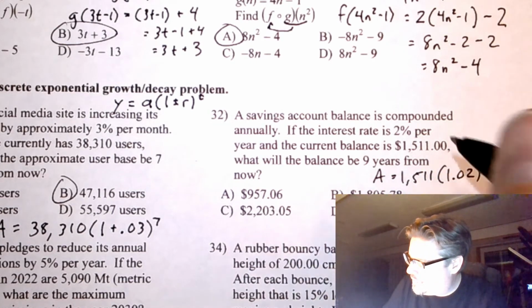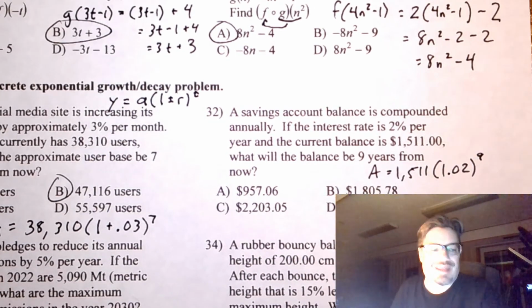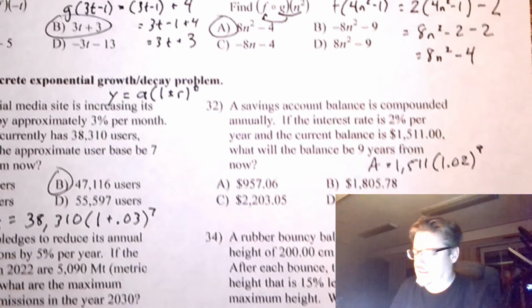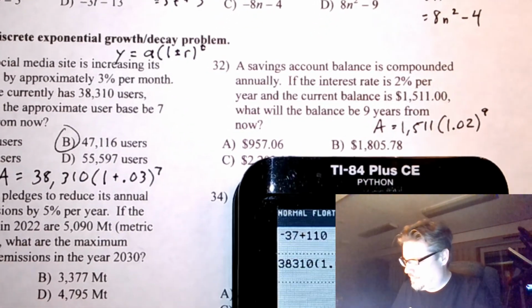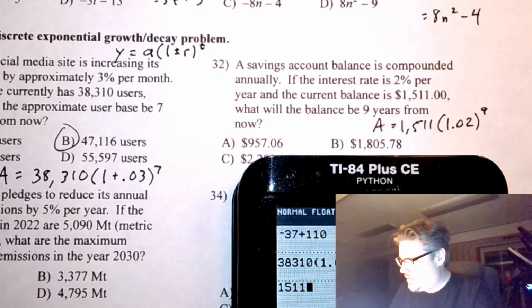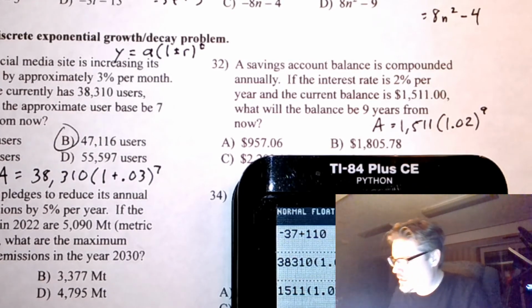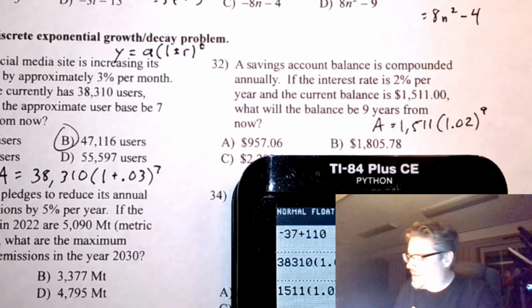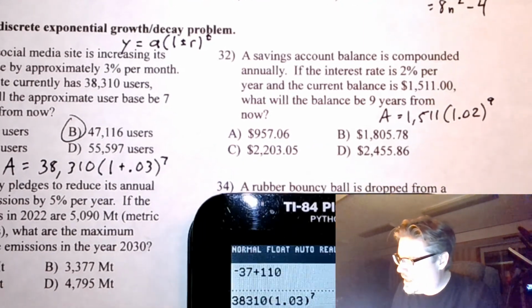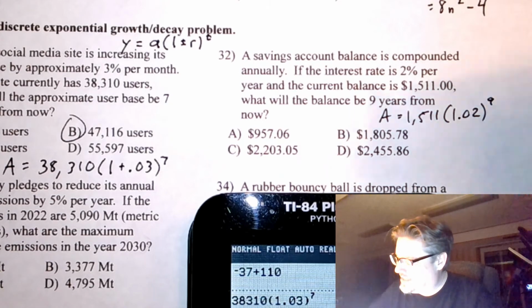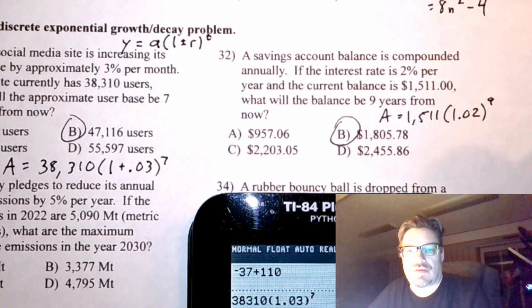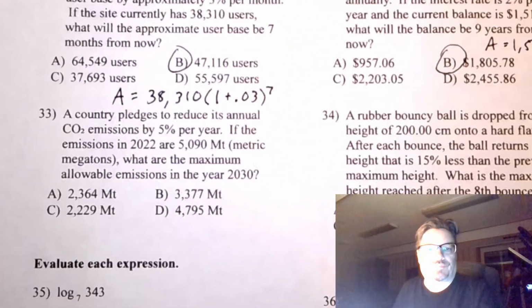And we're going to do it for 9 years because it's happening annually. All right, so that setup is all ready to go. 9. Okay, so 1,805 and 0.78. Since we're dealing with money, we can go to the nearest penny. That would be the answer there.